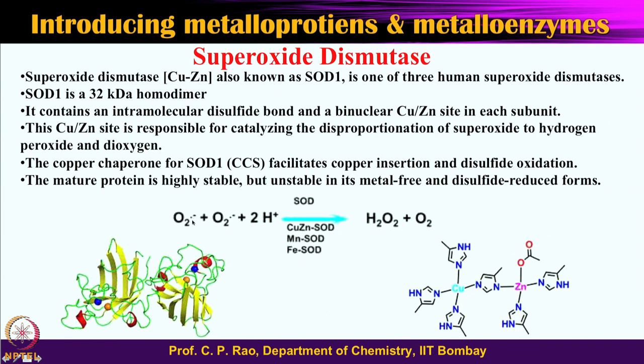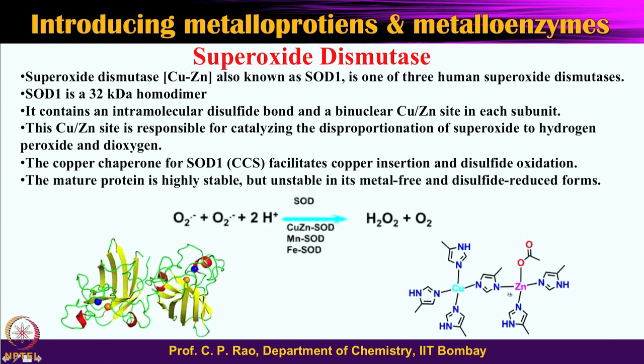In the superoxide dismutase, we have seen several times this reaction: O2 minus dot plus O2 minus dot plus 2 H plus gives H2O2 plus O2. It is a dimer, one monomer here, and there are 2 metal ions, 1 zinc, 1 copper. And how is this bridged? Unlike the previous case of type 3, with 2 copper centers and nothing bridging, there is a bridging here.